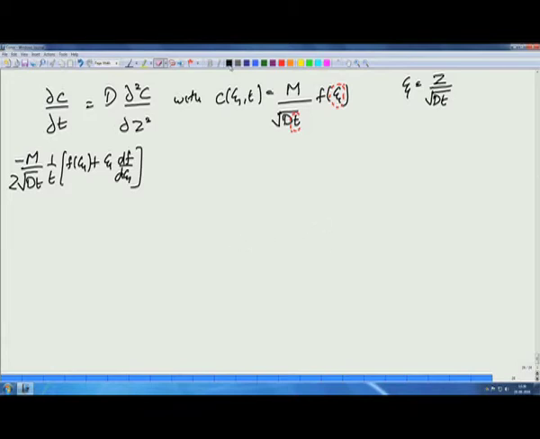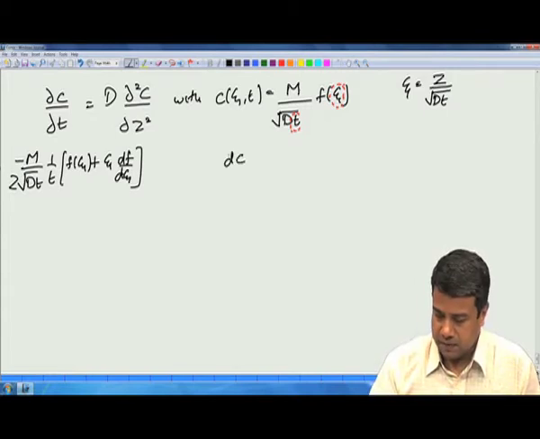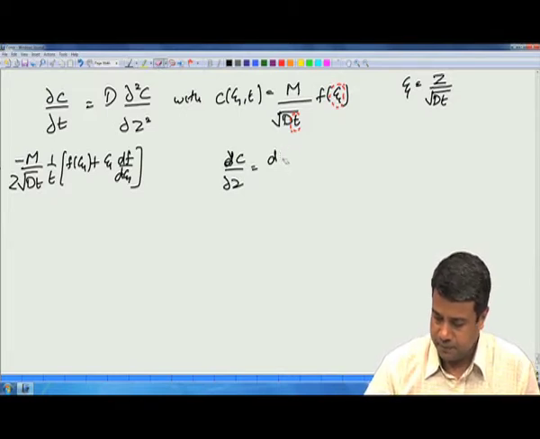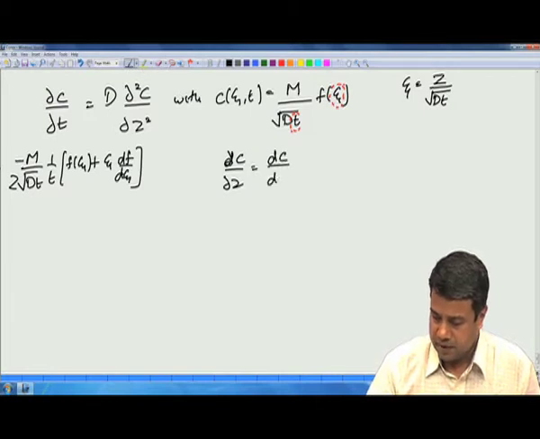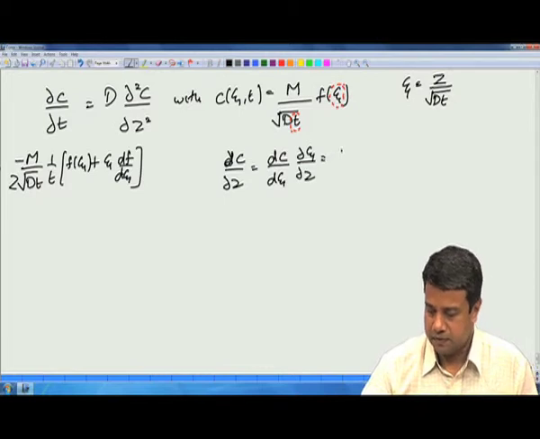What about the right side? Partial c by partial z is equal to dc by d psi times partial psi by partial z, which is 1 by root of Dt.